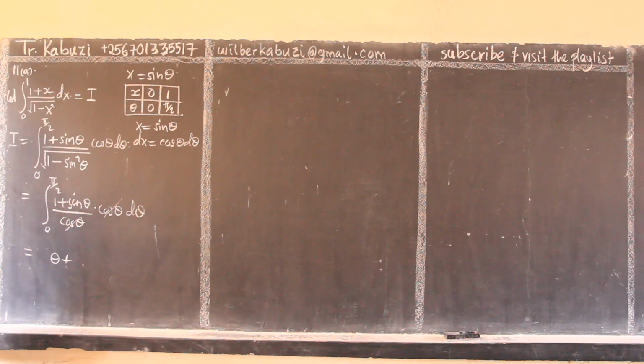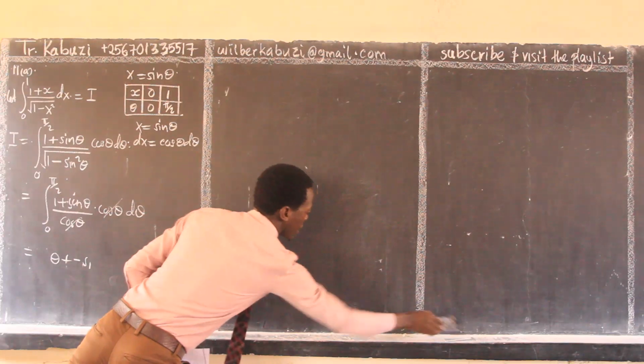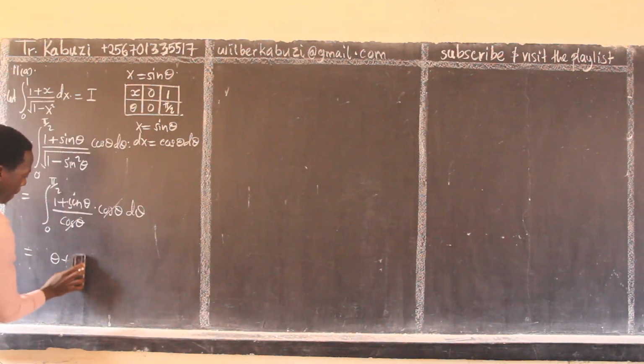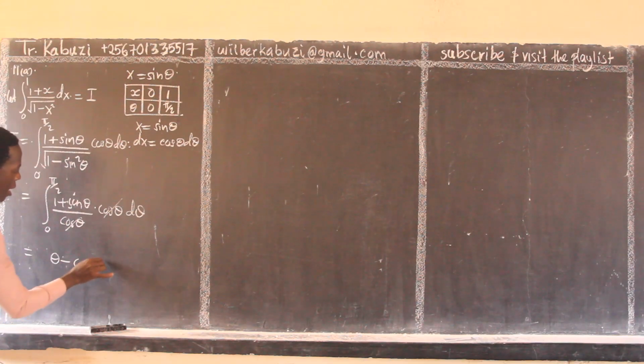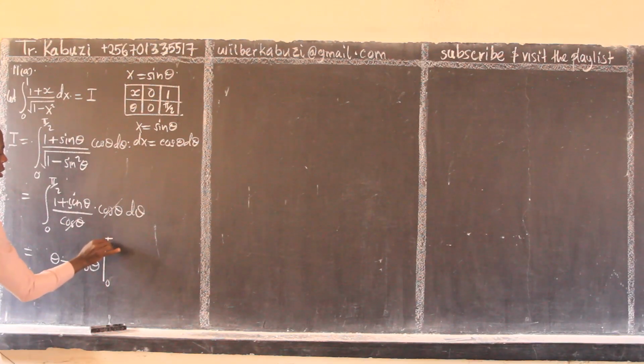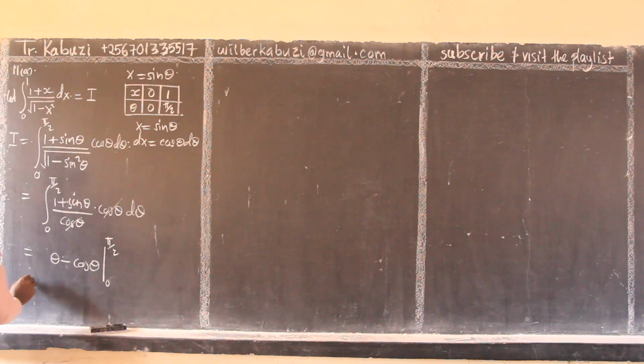plus when you integrate sine, you get minus cos theta, from 0 to pi over 2. Putting in limits, when I put in, I get pi over 2 minus cos of pi over 2, which is 0.